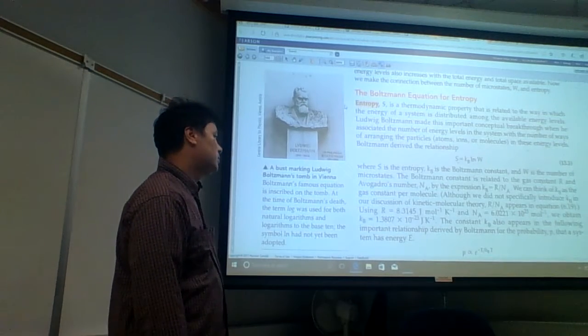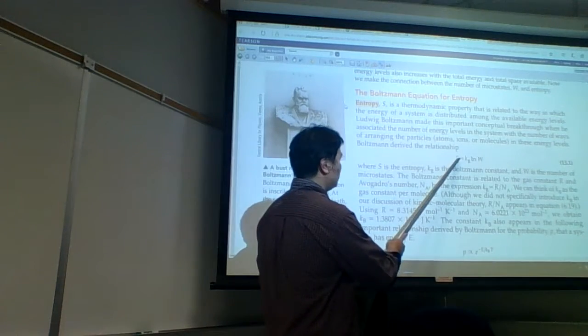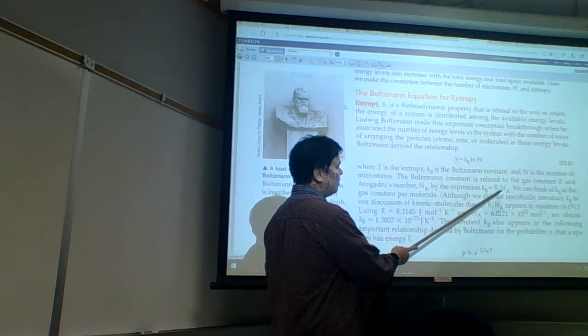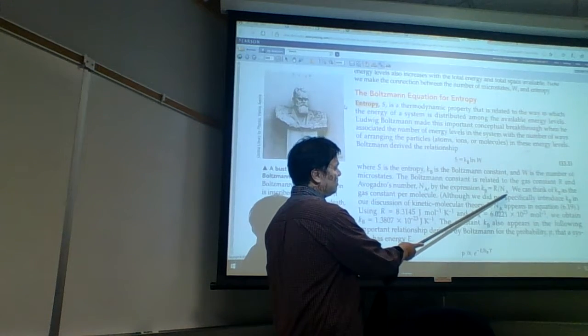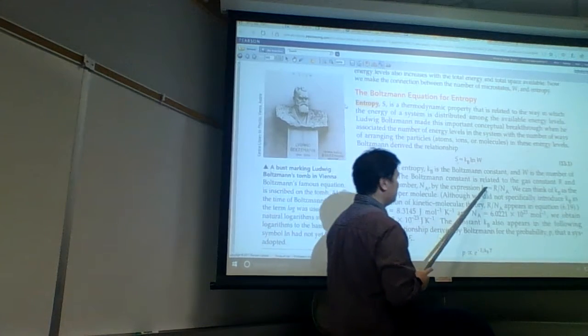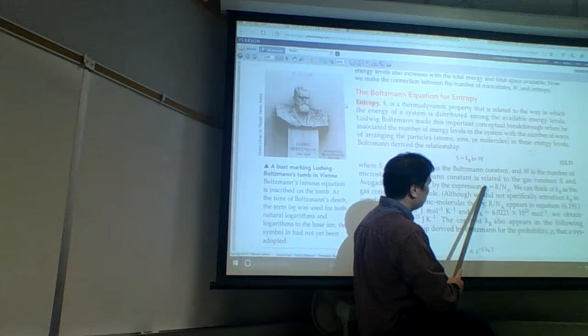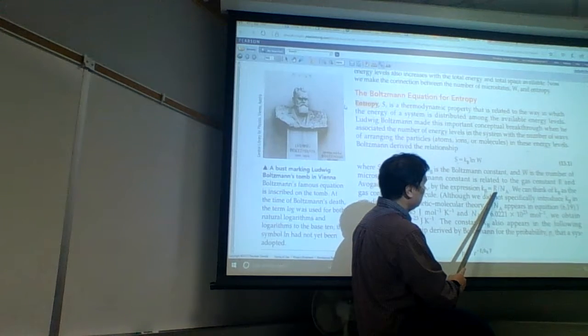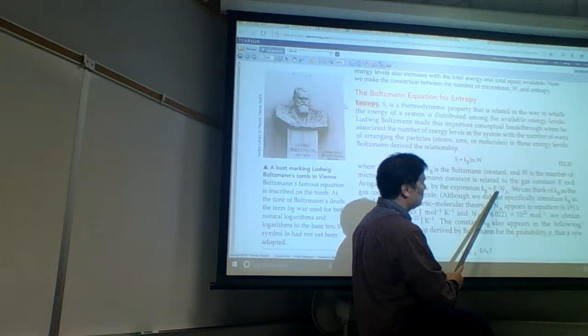And so what can we do? Well, we can figure out what the absolute entropy is as long as we know what K is. K is very easy, because if you know R and you know N sub A, then you know what K is. In fact, K is the particle equivalent of R. R is in terms of moles.